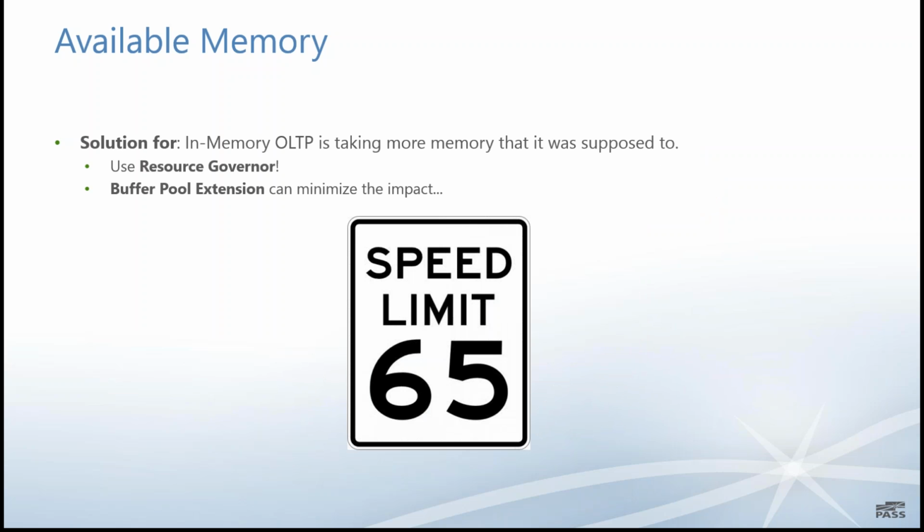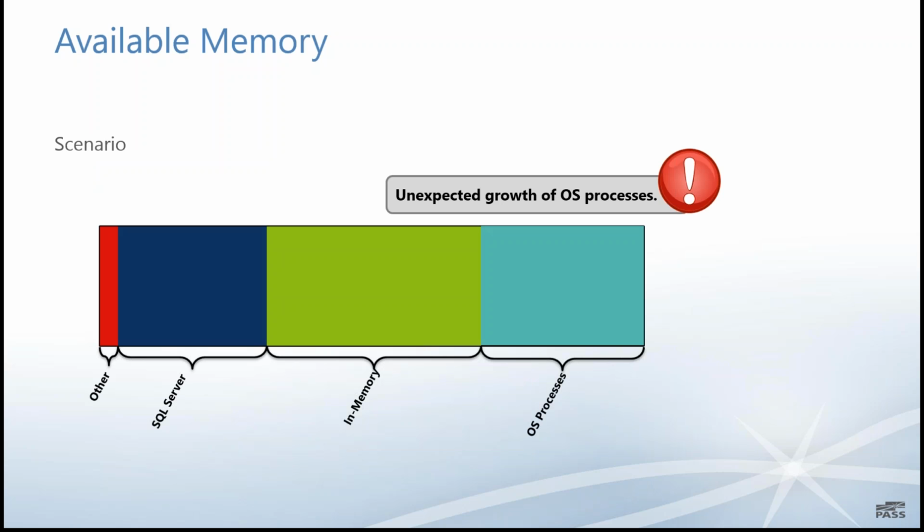So we have two solutions here to avoid the memory optimized table taking too much space. First one is to use Resource Governor, and actually this is the solution for the memory table. And the other solution: SQL Server is taking some space, and most of this space is used by the buffer pool.